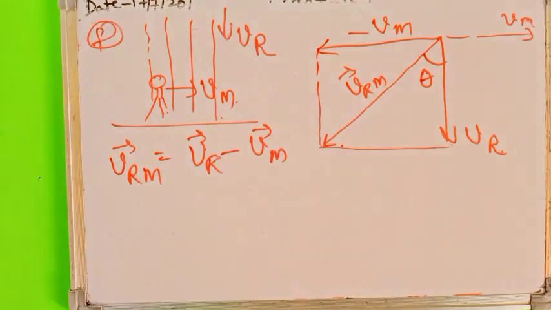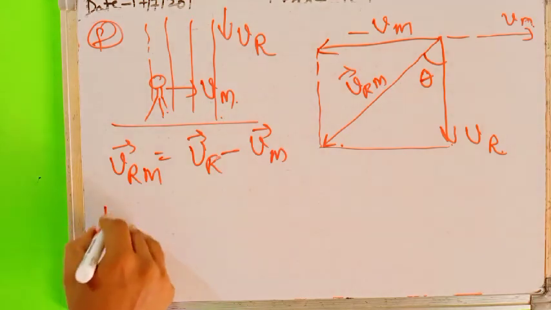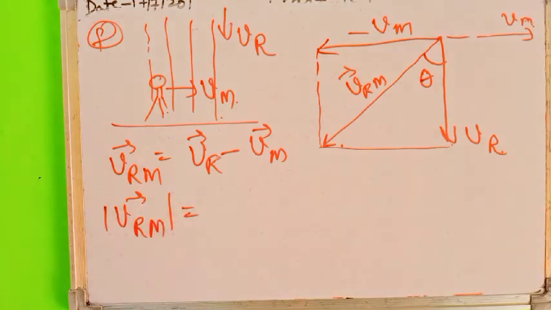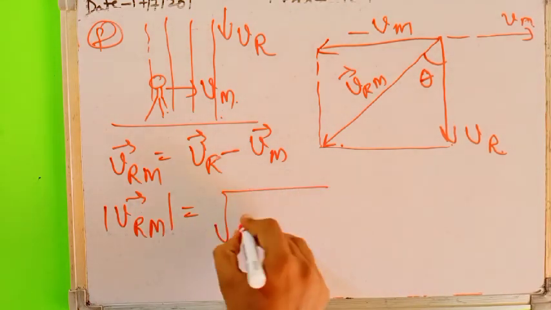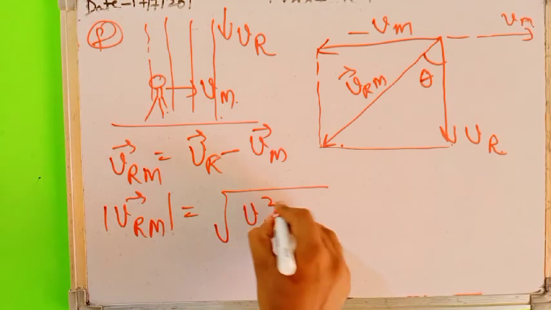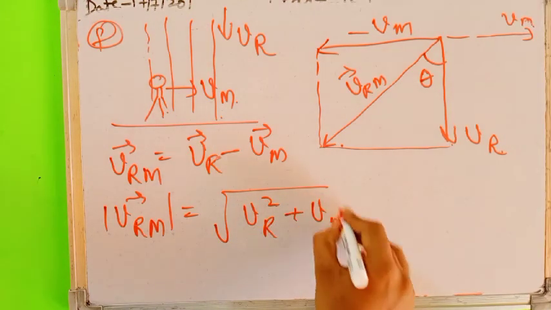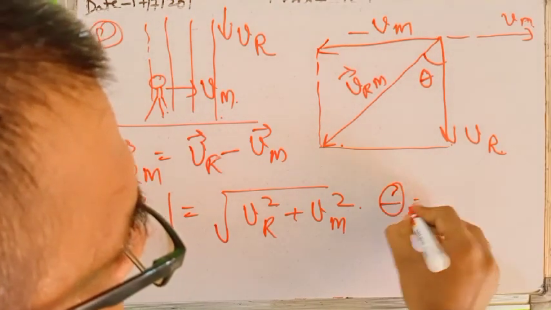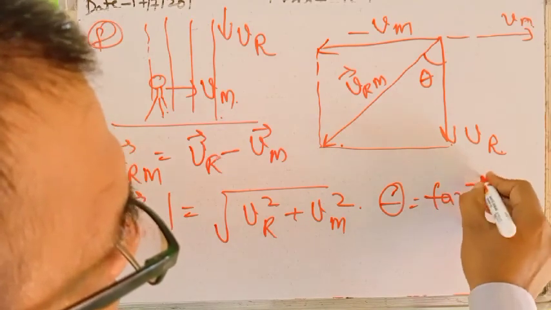The magnitude of Vrm is given by the square root of Vr square plus Vm square. All this we will study in detail in scalar and vectors in the next chapter.